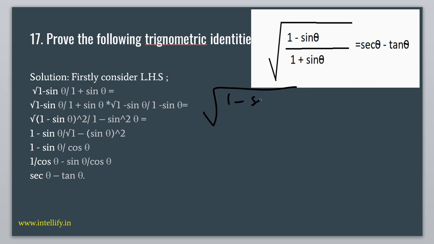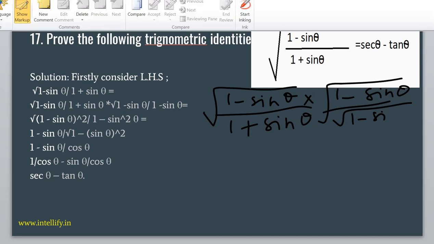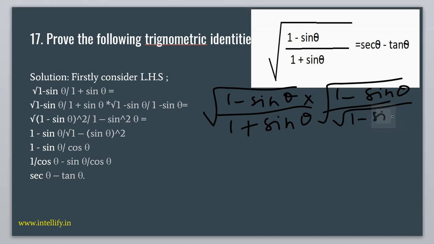Under root, 1 minus sin theta by 1 plus sin theta, multiplying and dividing by 1 minus sin theta.